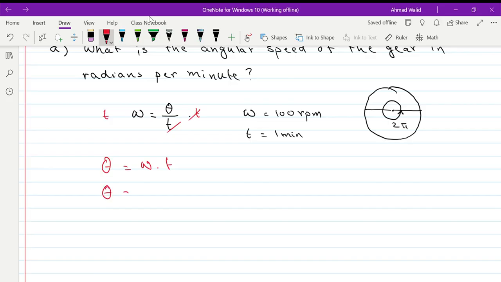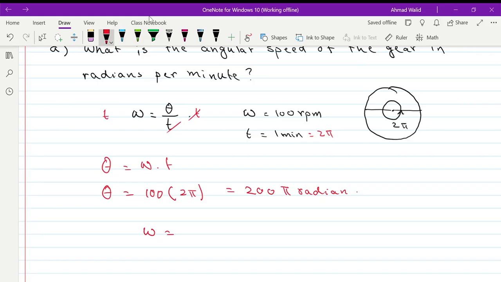Then theta equals omega, which is 100, times one revolution, which is 2 pi, which gives me 200 pi radians.